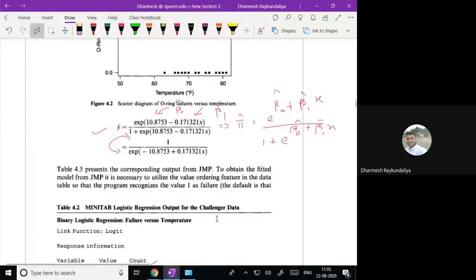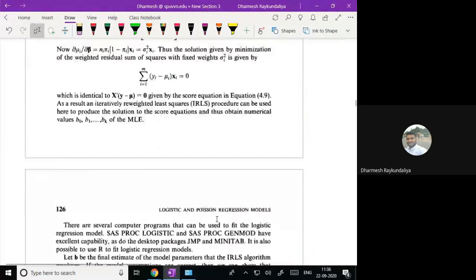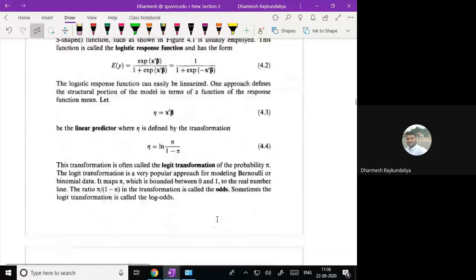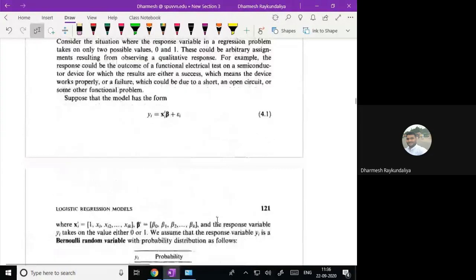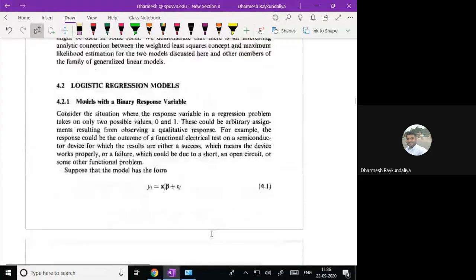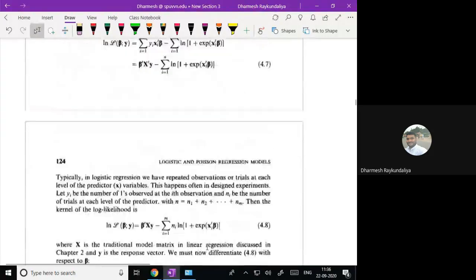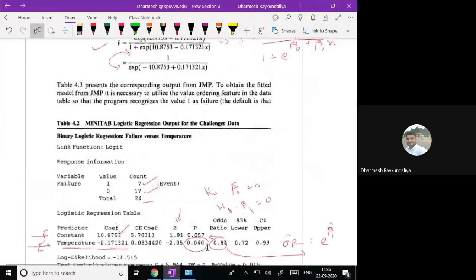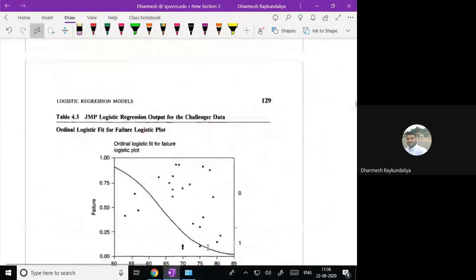Earlier we developed all this theory where we obtained the variance covariance matrix. This is the Challenger data.